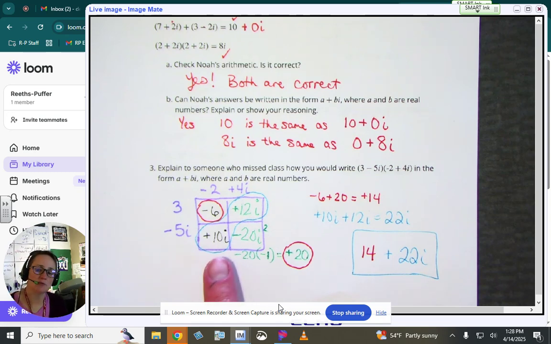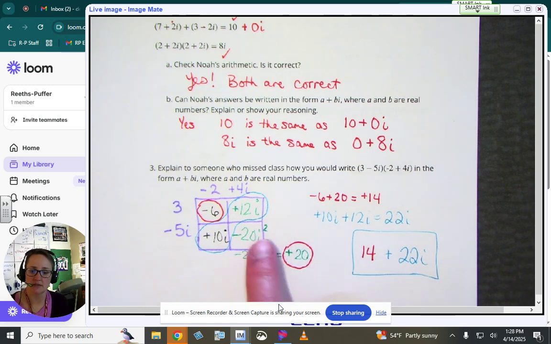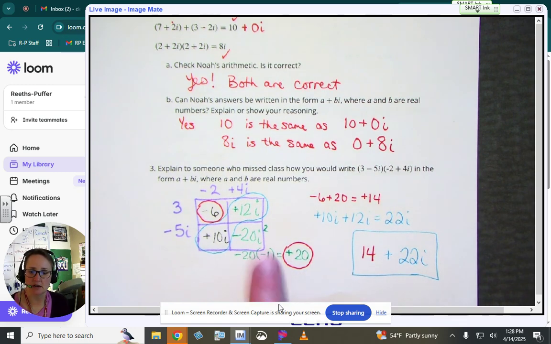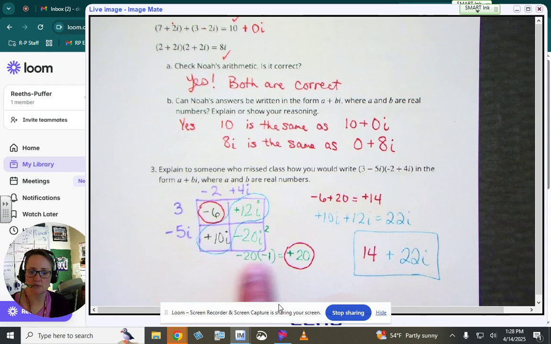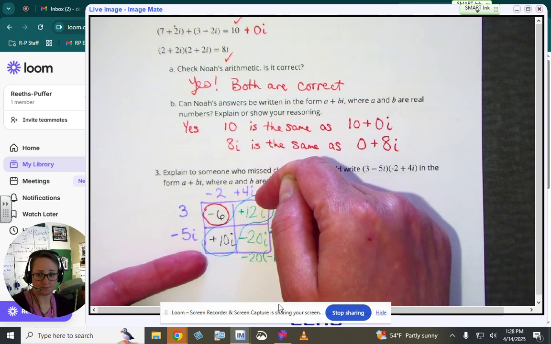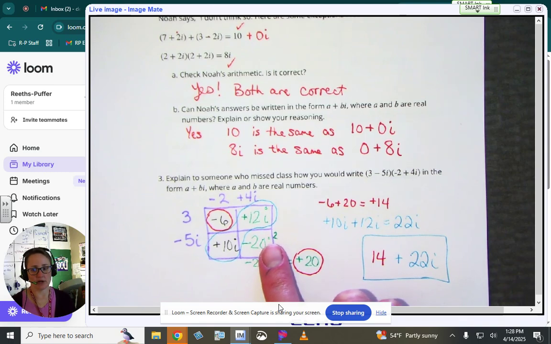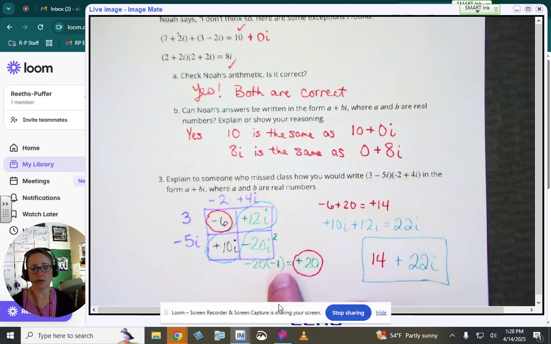So I'd explain to them that we're going to use the grid, multiply to fill the boxes. This is the only extra step right here. i squared is a negative 1. So that way we only have real parts and imaginary parts. Our answer is never going to have an i squared in it because i squared is negative 1.